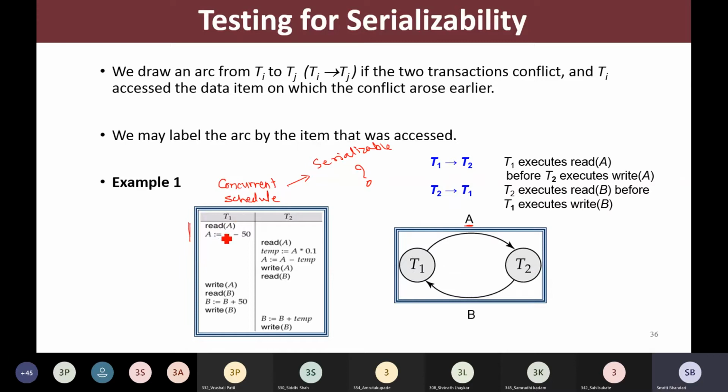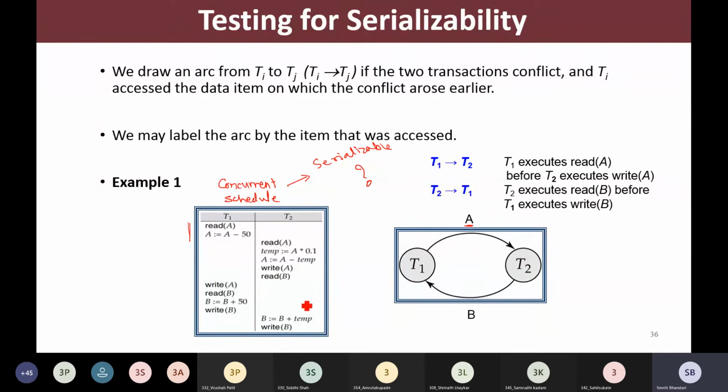See here, T1 executes read A before T2 executes write A. So read and write have a conflict, and they are dealing with the same data item A. So for this data item A, there is a conflict between T1 and T2, and that is why we are drawing this edge from T1 to T2.